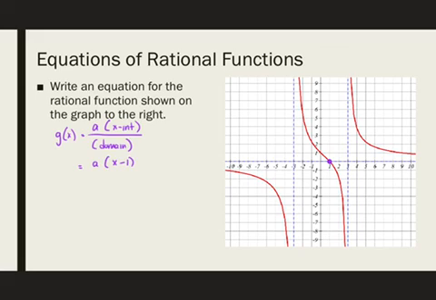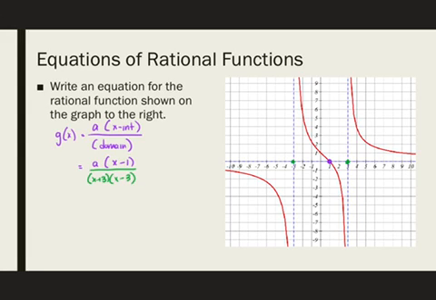On the bottom, our domain comes from the vertical asymptotes, and those happen at -3 and +3. So I have from -3, x plus 3, and from +3, x minus 3.